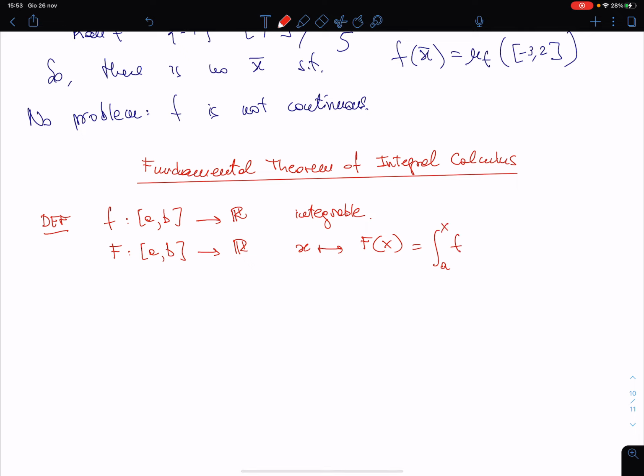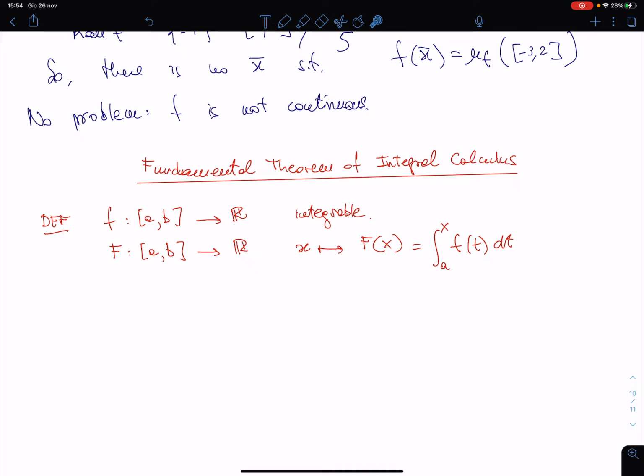of f. Here I write the variable t, not x. Why? Because x is already present here. So it would be somewhat strange to use the same variable. When you perform an integral, the variable here disappears. This is just a variable like the index in sums. It is not present at the end. But here x must be present at the end.